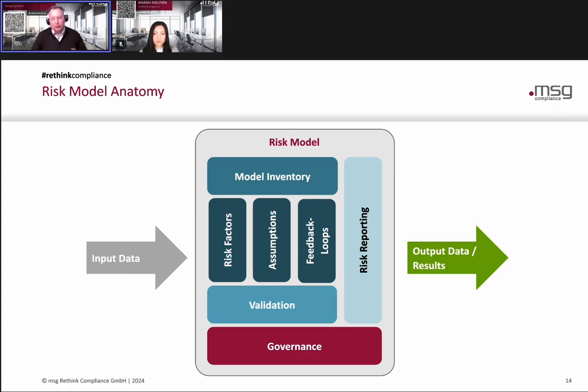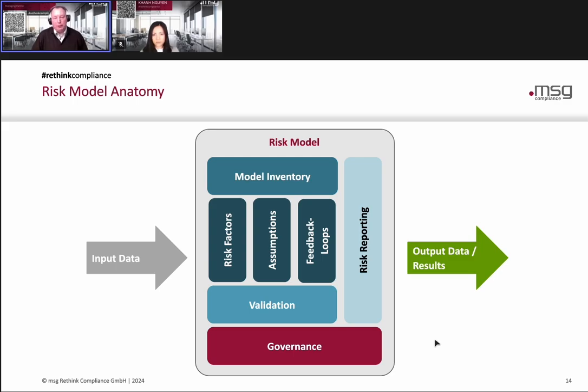And that's done in the governance layer. So you might have heard about the governance or model governance report. That's where you make sure that you have the right transparency and provide the explainability to an internal, but also to an external auditor who wants to get information about the risk model that you're using and how the risk model is working.